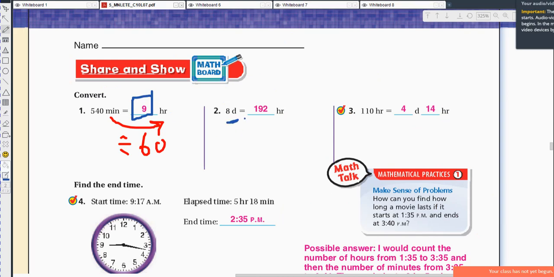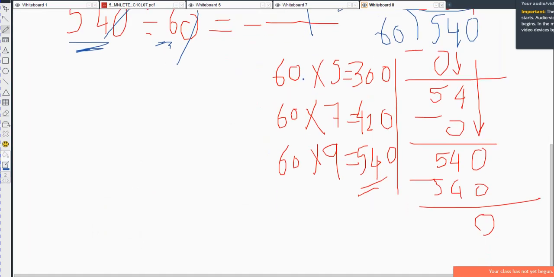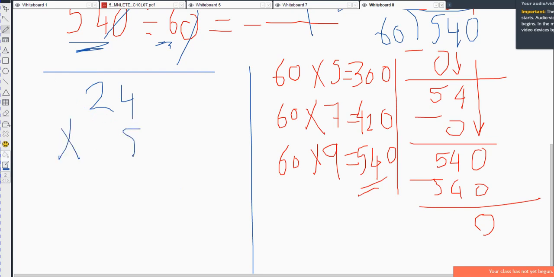8 days equal how many hours? Okay, we are converting here from big to small because day is greater than hour. How many hours in one day? We're going to multiply here by 24 because we have 24 hours in one day. Okay, we have here 8 multiplied by 24. Let's write the big number first, 8.